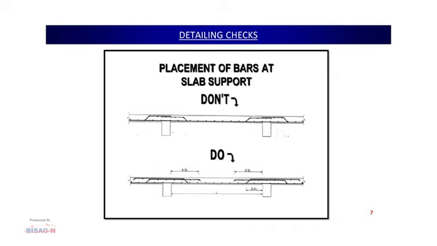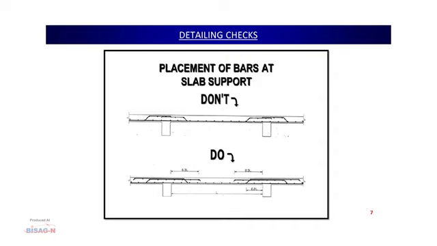Now, coming to the placement of bars at a slab support. As I was mentioning, the correct detailing requirement of the slab is in the first slide. Here we can see what the bar binders usually do. They generally give a bent-up at this location, but leave this bar at this junction.